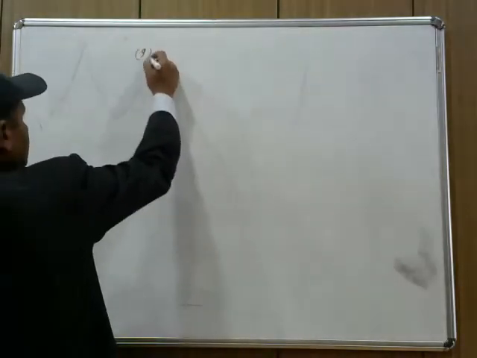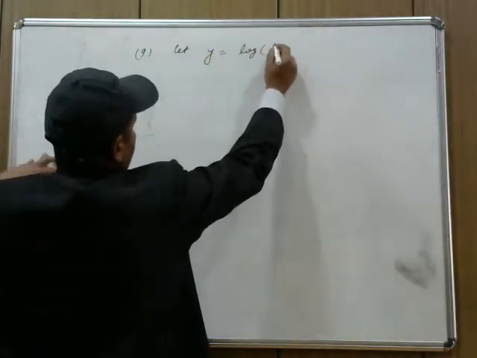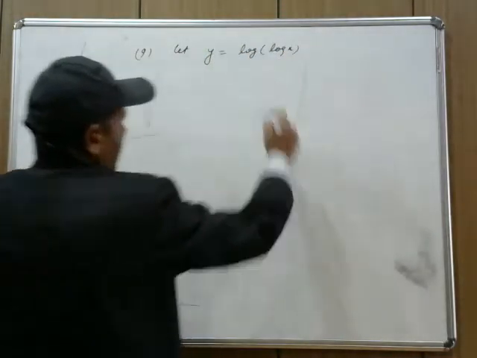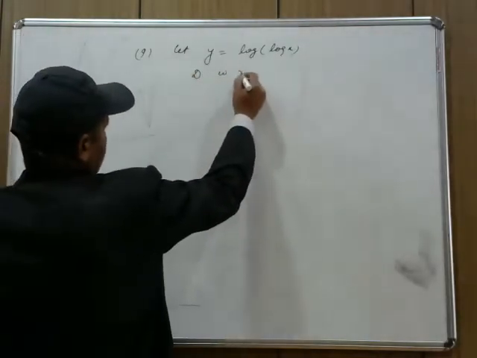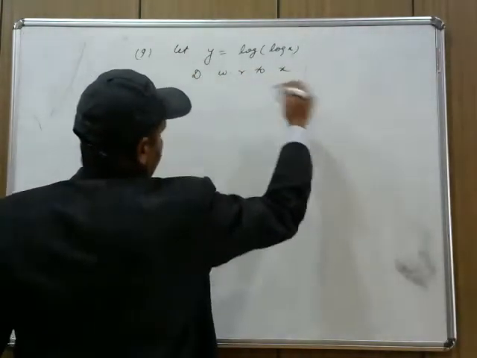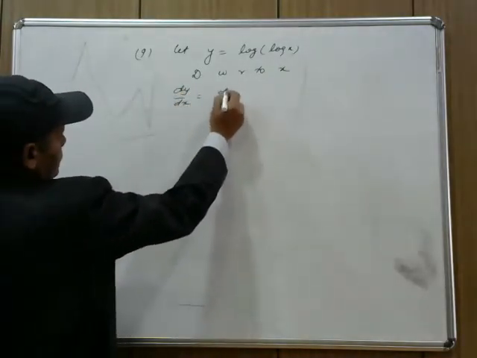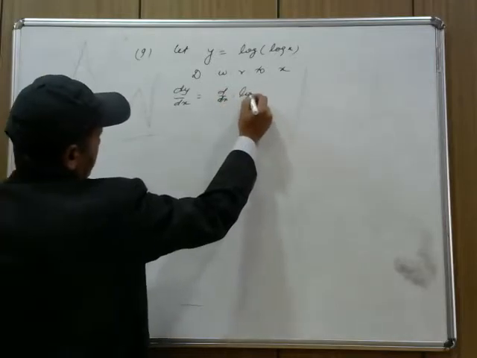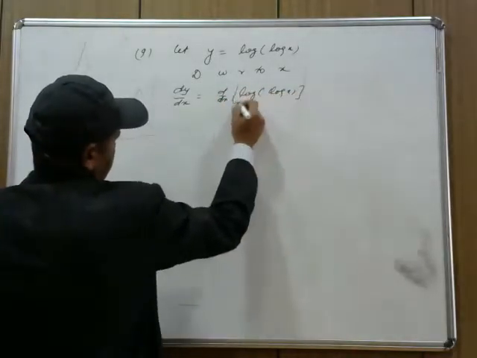Ninth, we have let y is equal to log log x. This is the question. Differentiating with respect to x, both the sides, dy by dx is equal to d by dx of log log x.